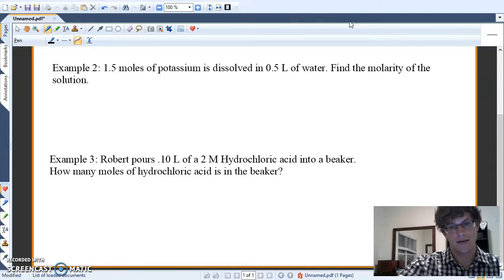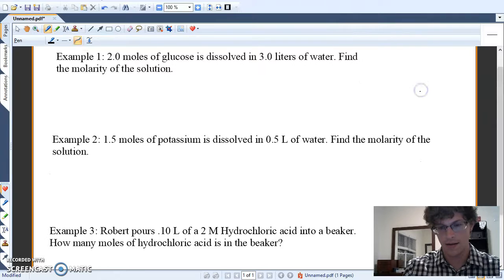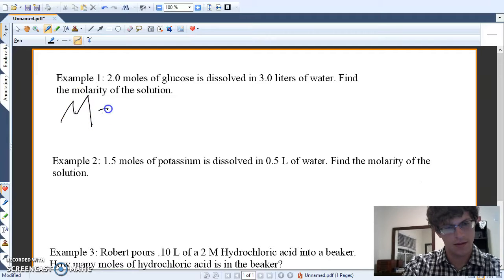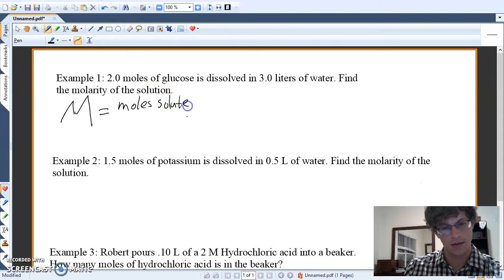Number 1 says, 2 moles of glucose is dissolved in 3 liters of water. Find the molarity of the solution. So first we need to write out our equation. Molarity equals moles solute divided by liters of solution.